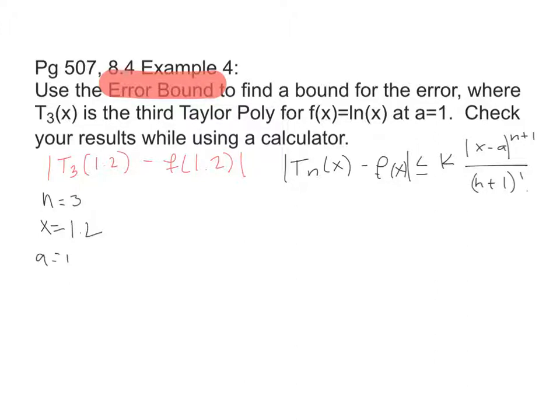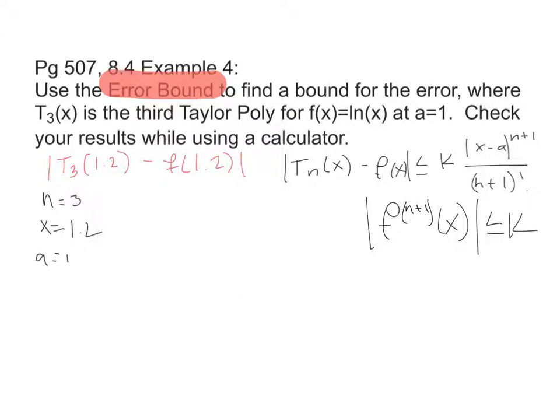Okay, so I also need the k in this component. Because I have the a, the x, the n, the T_n, and the f, I need the k. And the k comes from the absolute value of f^(n+1) of x being less than or equal to k.